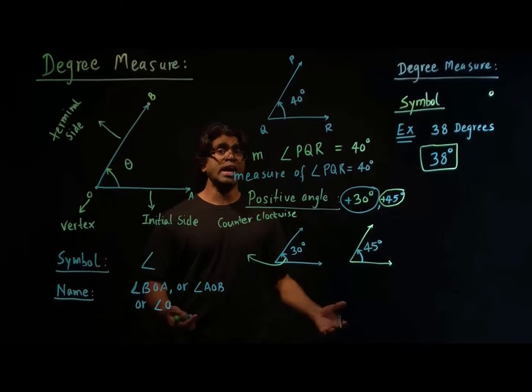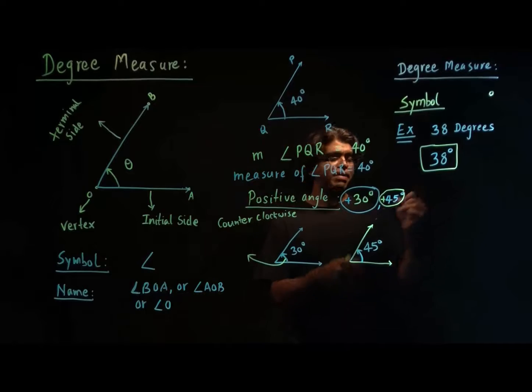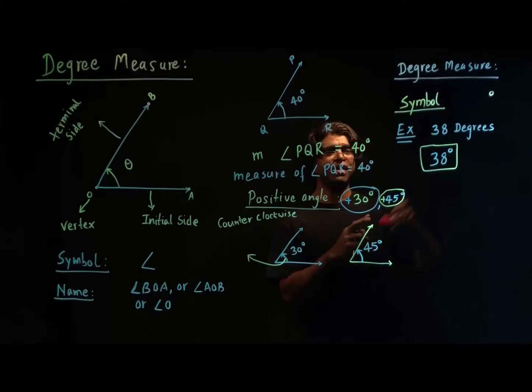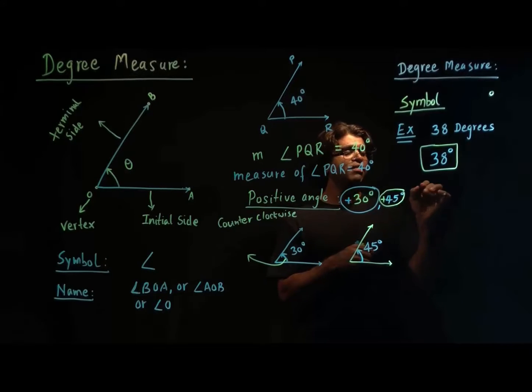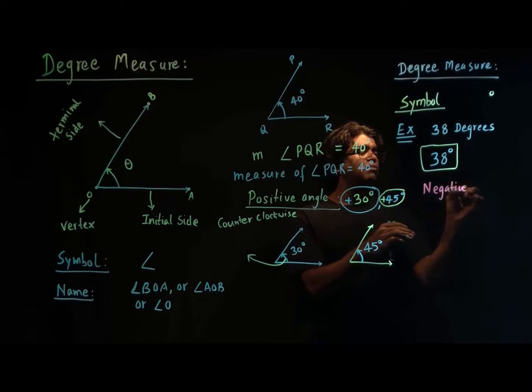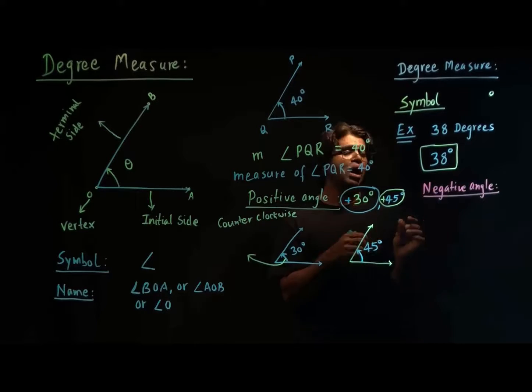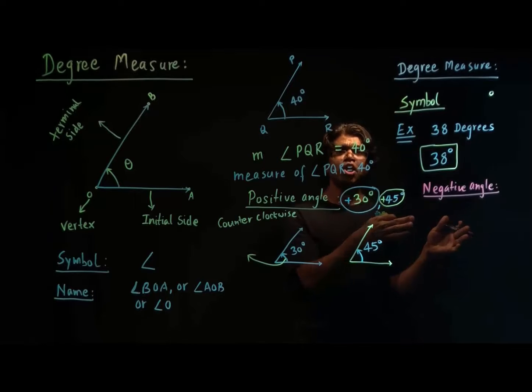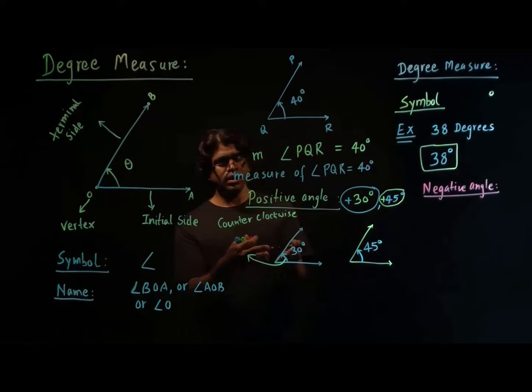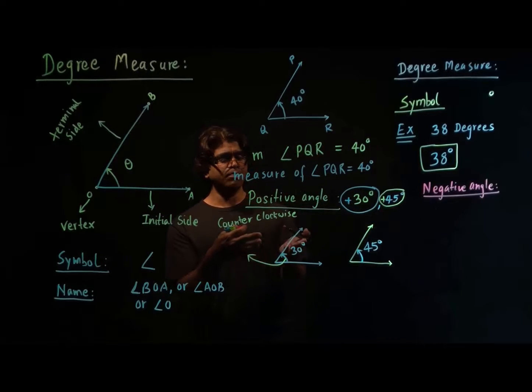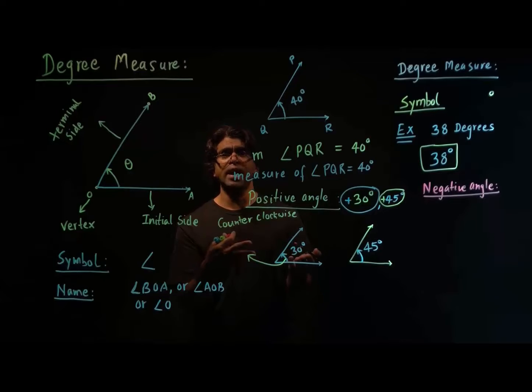All right? What if I have a negative angle? What if the angle is negative? If the angle is negative, what will I do? I will draw exactly the same way. The only difference will be the arrow, the way I draw my arrow for the angle.